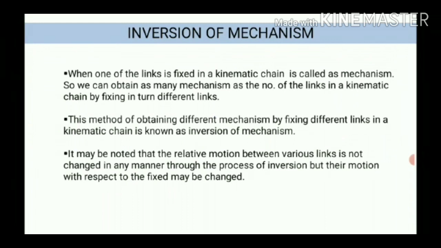But when the connecting rod is fixed, the cylinder has an oscillatory motion, a different motion, and the piston has only a sliding motion inside it. So the relative motion between various links is not changed, but their motion with respect to the fixed link may be changed.